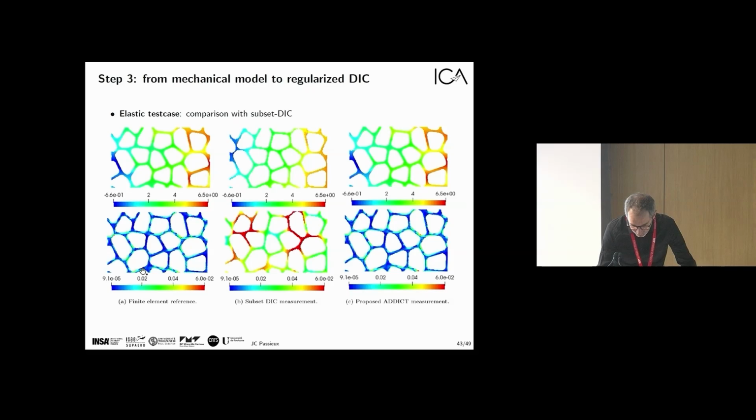You can see that it's the case on the reference field. You can see that with our method, it's possible to more or less have this also. Whereas with a subset-based method with large elements, actually we only have a kind of homogenized displacement.